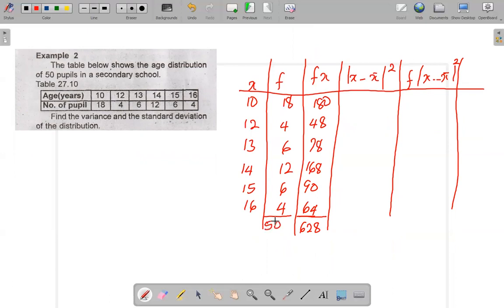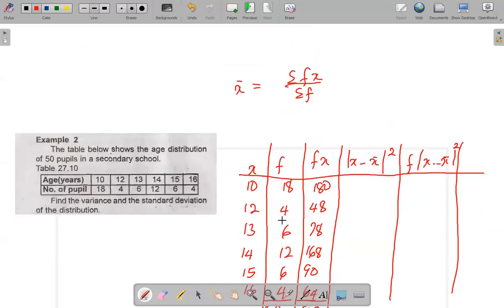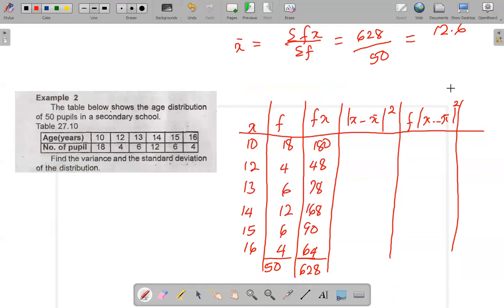Therefore, X bar, which is summation FX over summation F, will be 628 divided by 50. 628 divided by 50 is 12.6. So X bar is 12.6.